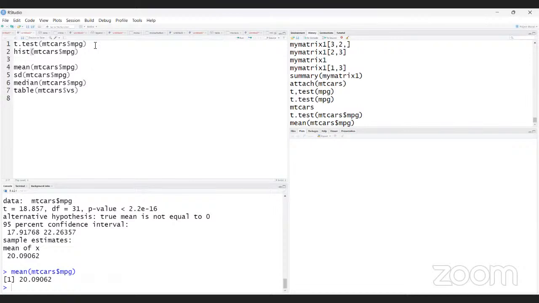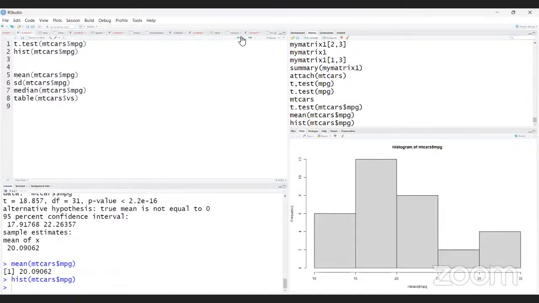Then control enter. So now I am running. Okay. So this histogram is clear to all of you. Is it visible? Yes, sir. Okay.